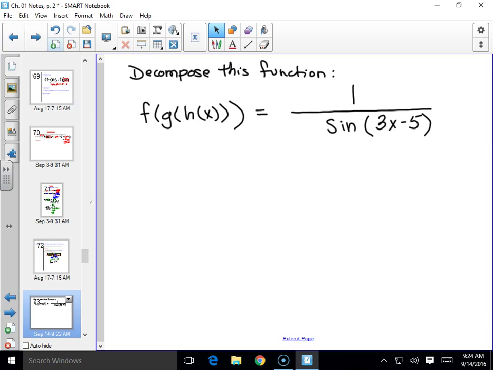Once you have it, help your group out if someone's struggling, or check and make sure you didn't make a mistake. Because I have 3 pieces. Sine x, that makes sense.